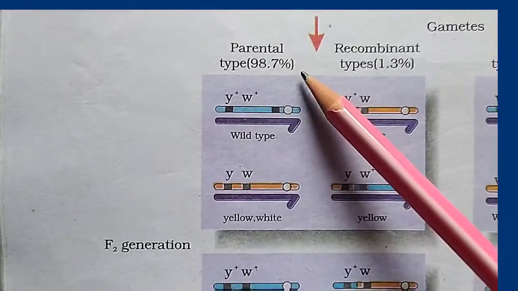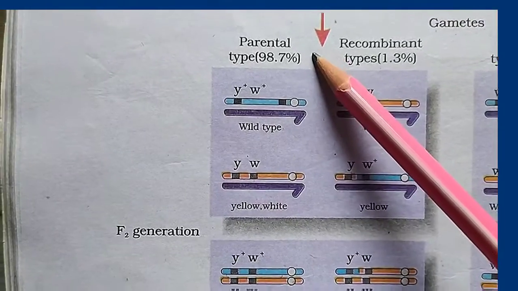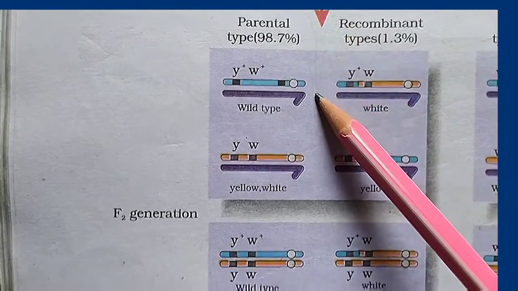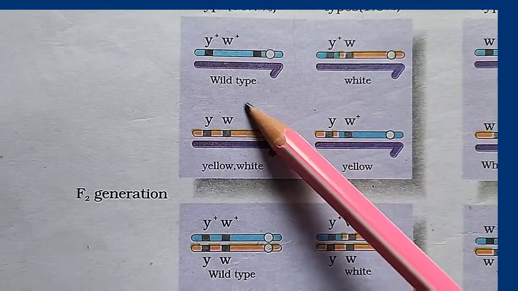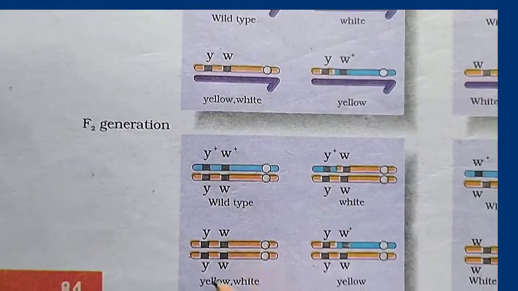So let's see the offsprings without crossing over. Four types of offsprings are here: wild type, yellow-white, wild type, yellow-white.